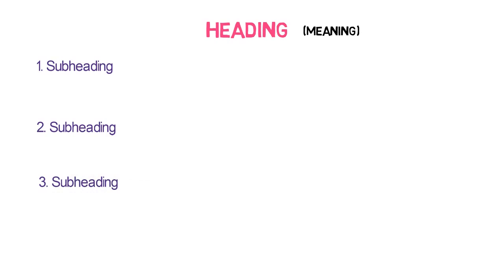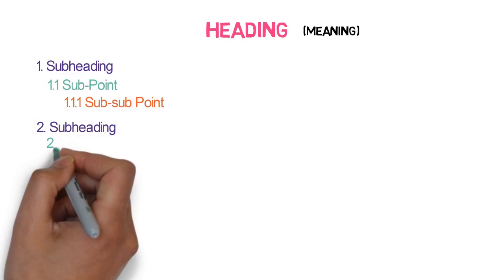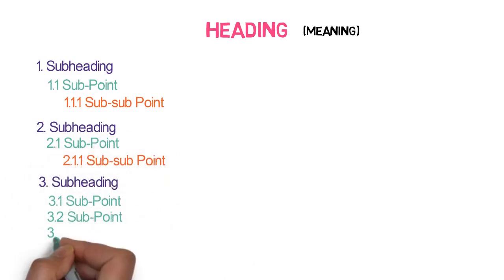These subsections are called subheadings. These subheadings would have the details which are called subpoints and sub-subpoints. So the structure will be like this. There will be one heading, more than one subheading, more than one subpoints, and 0 or more sub-subpoints.